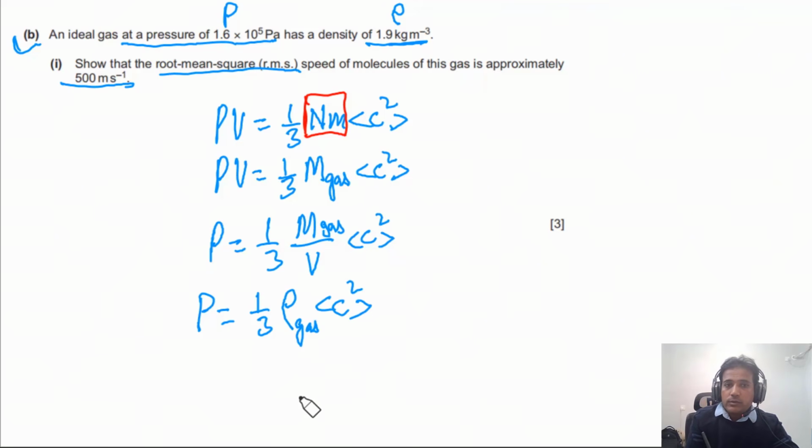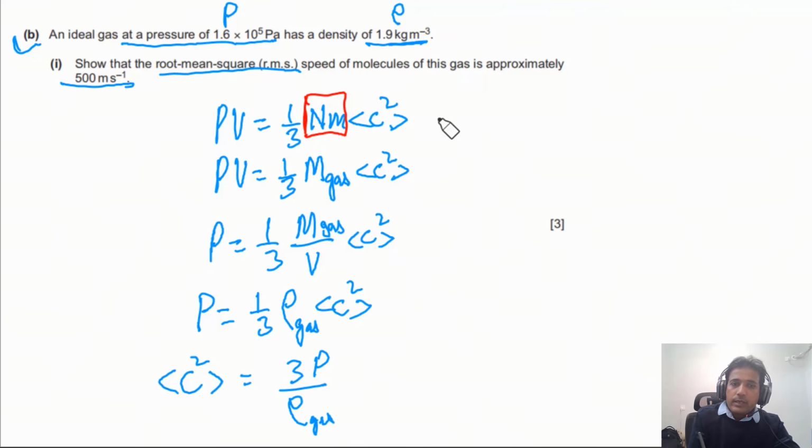We need to find the root mean square speed, so we can rearrange this again. This is mean square speed, which will be equal to 3p divided by the density of the gas. But we need the root mean square speed, meaning we need to take the square root of this.